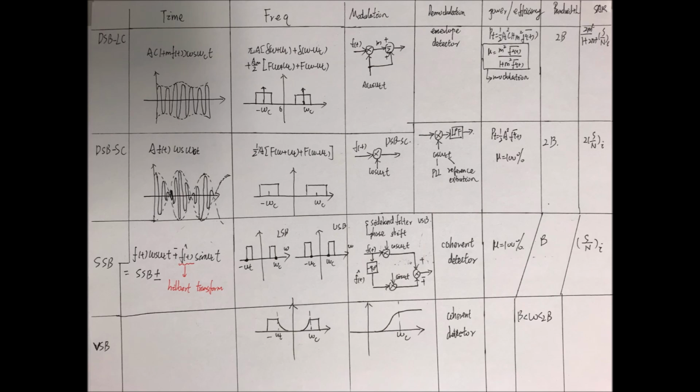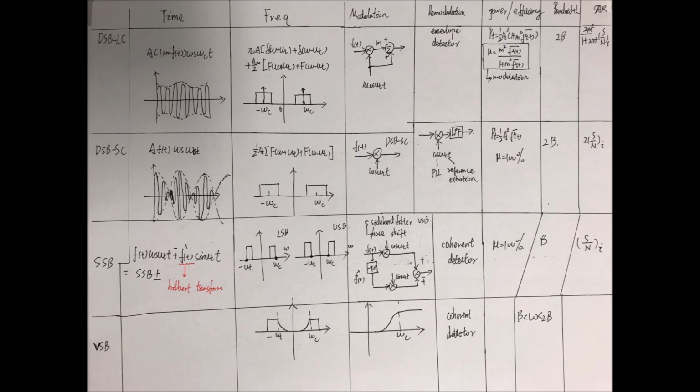Okay. However, my bandwidth is still 2 times the original signal's bandwidth. As for signal to noise ratio, my output signal to noise ratio is 2 times your input.